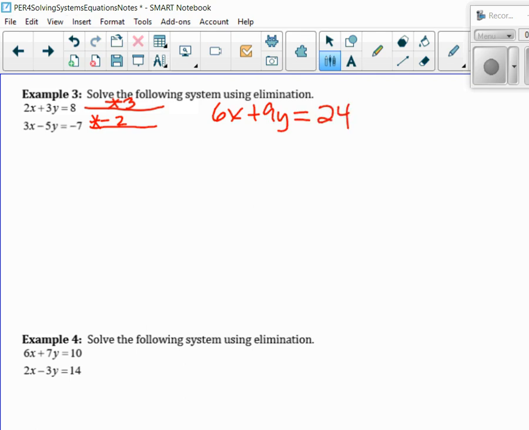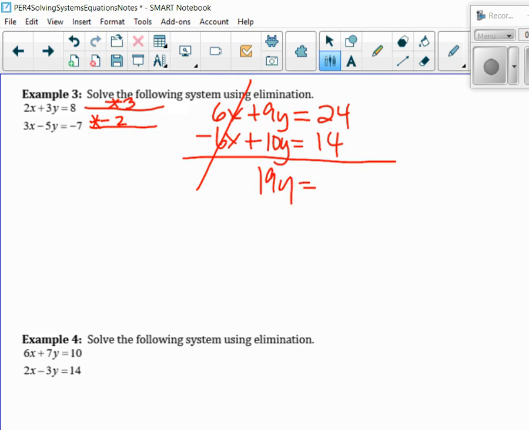And then the bottom one, if I multiply by negative 2, I get minus 6x plus 10y equals positive 14. Again, it's usually when you do that multiply that you make a mistake if you forget to multiply all of them. So now, do you see we've clearly chosen x to eliminate, and sure enough, when you add them together, they eliminate. And I get 19y equals 38. So y equals 2.